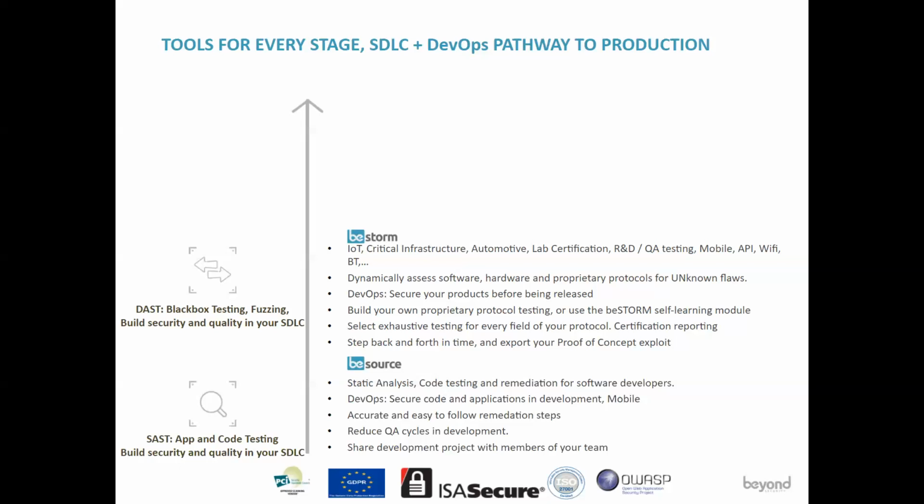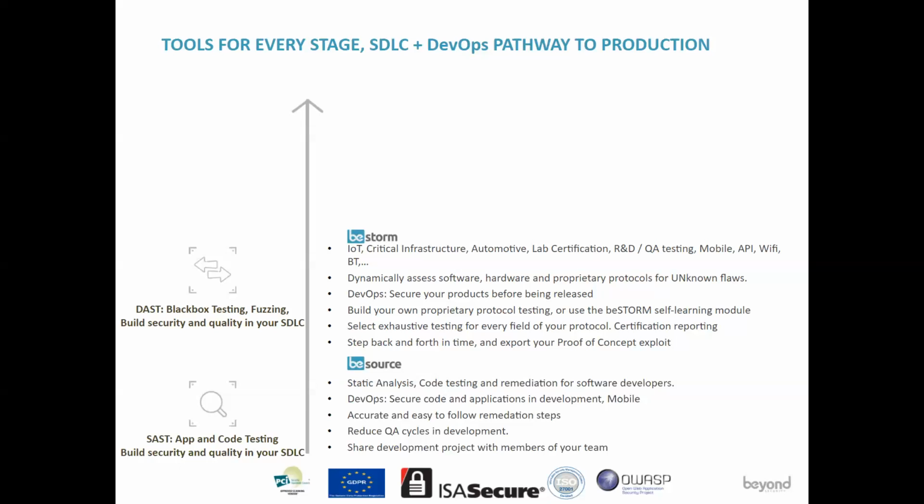And also, the important thing to know about beStorm is that it's really meant for your specific product. If you are Microsoft and you develop DNS, this DNS has been tested by millions of users every day. Millions of researchers, attackers, you name it, are constantly looking to find vulnerabilities in your DNS because you're Microsoft, because it's a well-distributed product. But what if I'm a small company and I've developed a product?